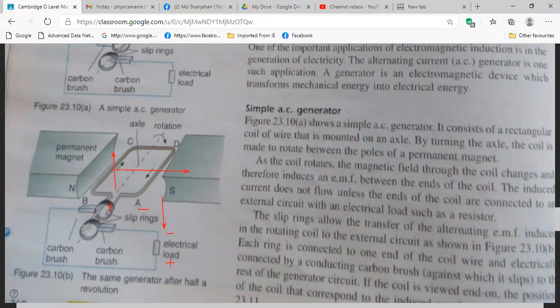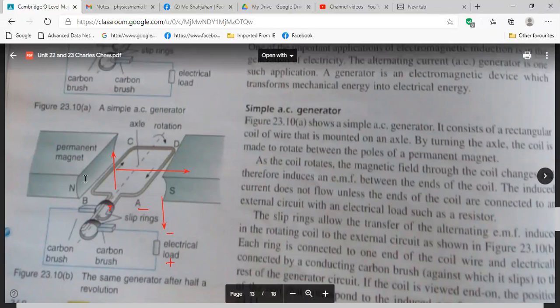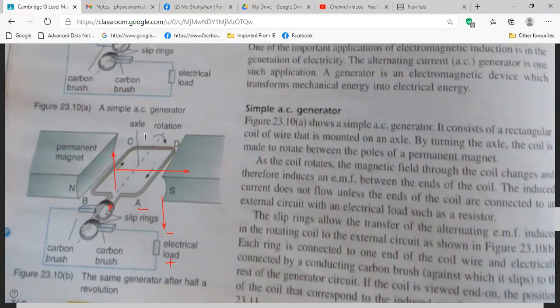Where the north pole and south pole are very much straight, that part has more magnetic field lines, and where the coil cuts the most, we have the most induced current, or the most induced EMF.